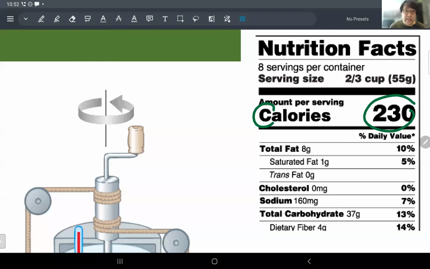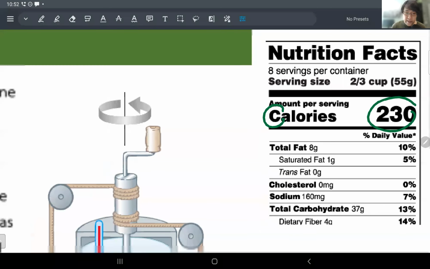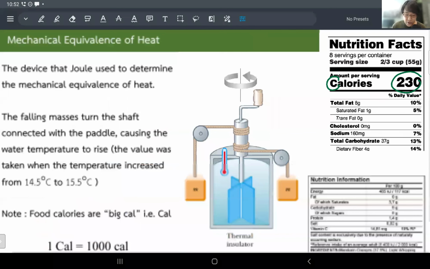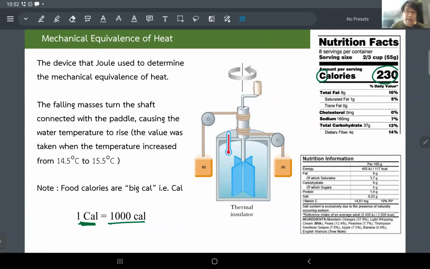It's a big C Calories here, called the food calorie. FYI, the food business defines the capital C Calorie to be 1,000 of our calories. So every time you look at the food packaging, you have to multiply by 1,000 to get back to the calories that we use in physics.